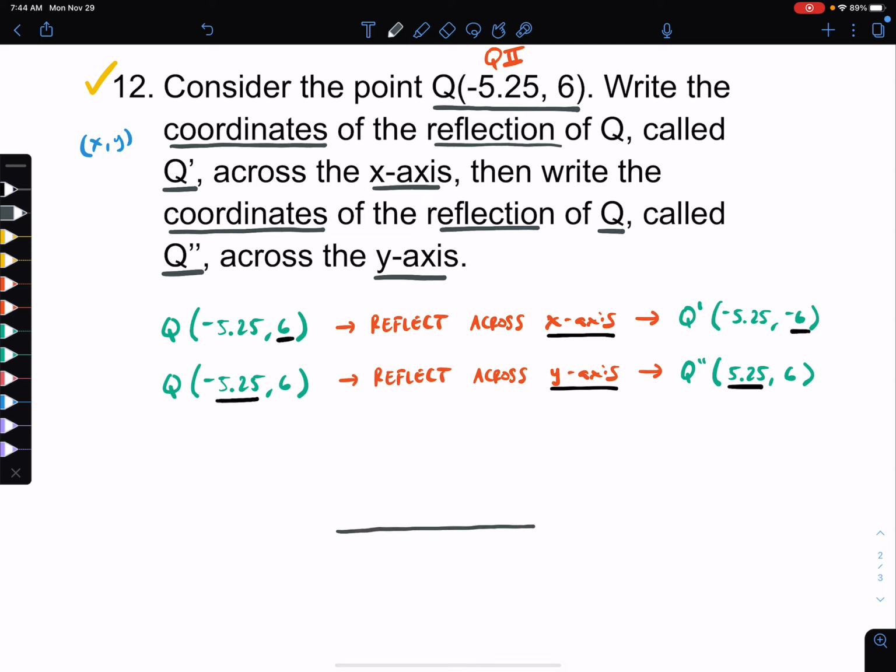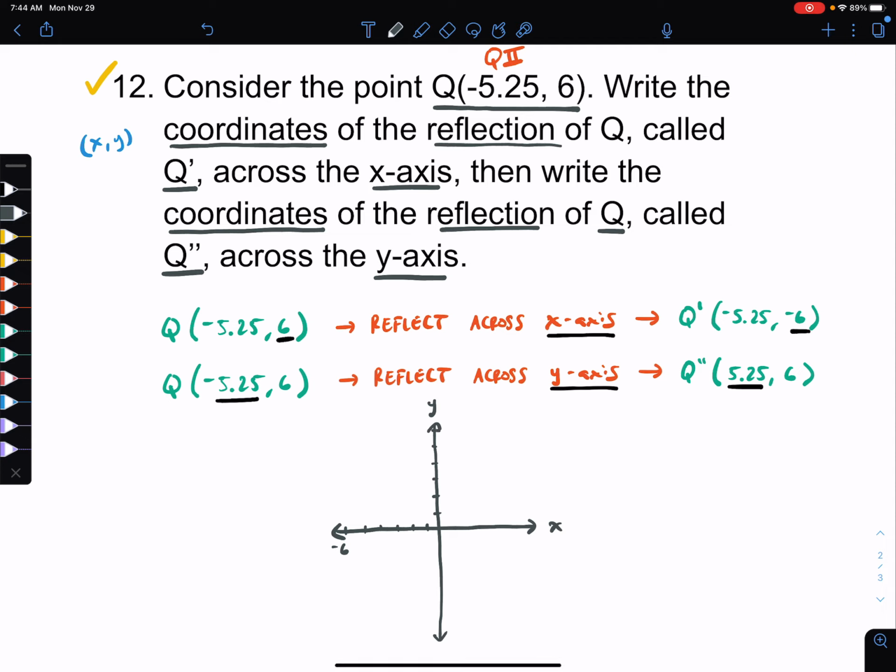Okay, let me show you this on a graph. Hopefully this makes more sense, because I know this can be a little bit tricky to imagine. So where's my original point of Q? Well, negative 1, 2, 3, 4, 5, 6. So here's negative 6. And then 1, 2, 3, 4, 5, 6.